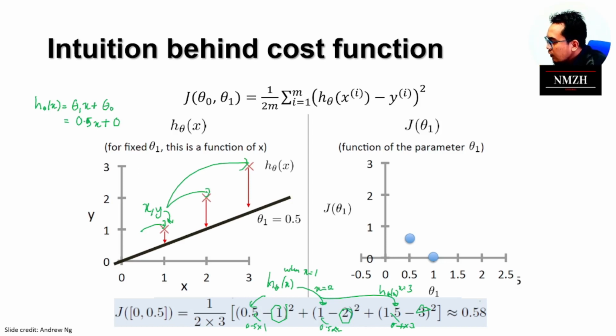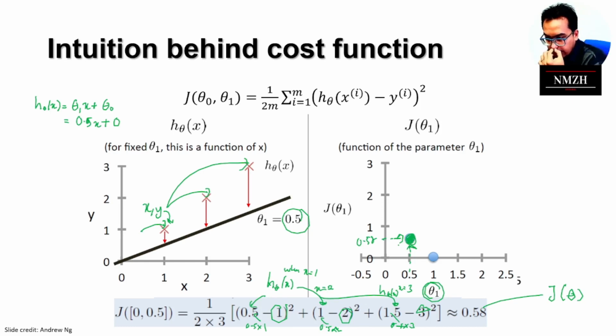So 0.58 is the value of J. So then what is the value of theta 1? Theta 1 is 0.5. So then we plot here. That's the reason why we have these balls over here. Is everyone clear about that? Are you guys able to follow me right now? Is it okay? Yes. Okay, right.